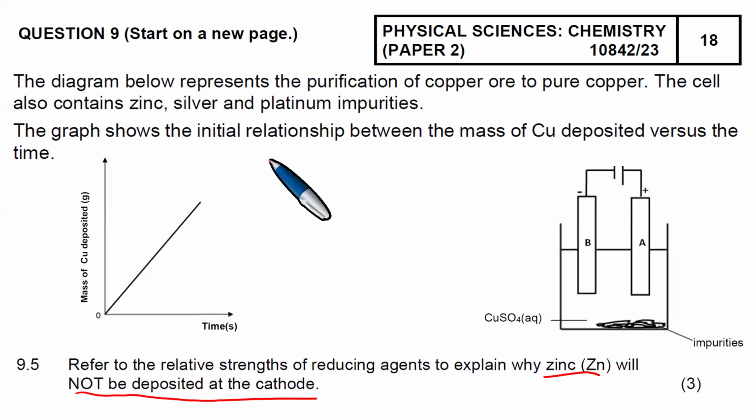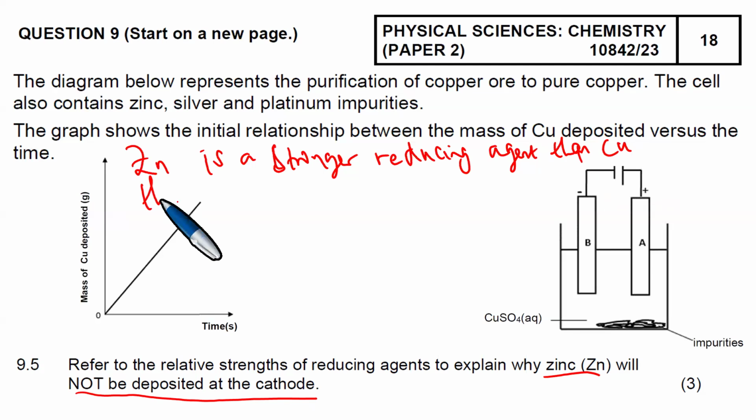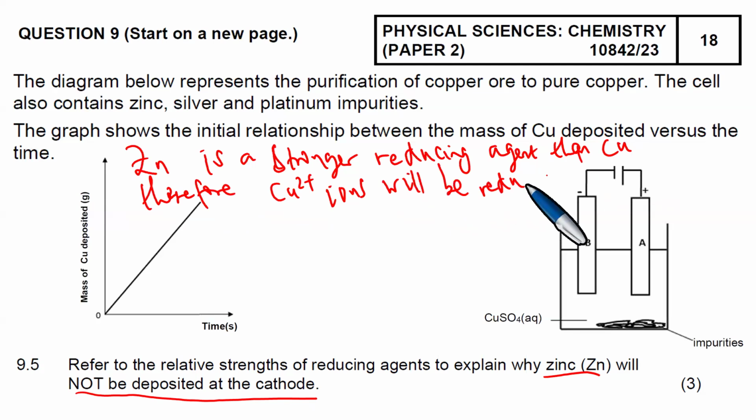You need to say that according to the table of reduction potentials in 9.5, zinc is a stronger reducing agent than copper. Therefore, copper 2+ ions will be reduced to copper.